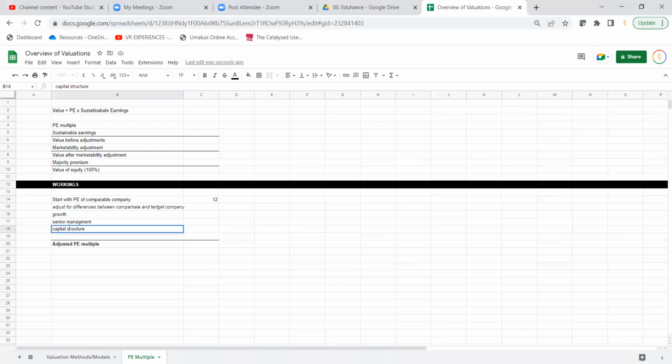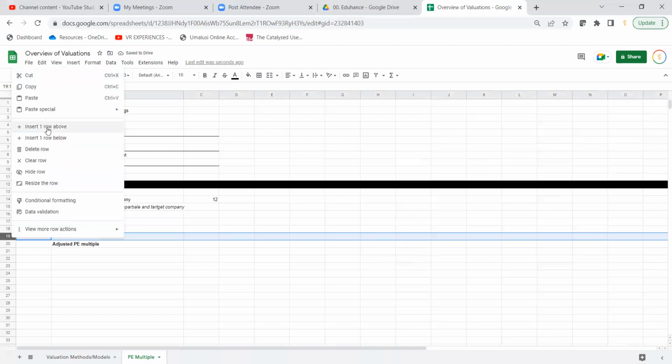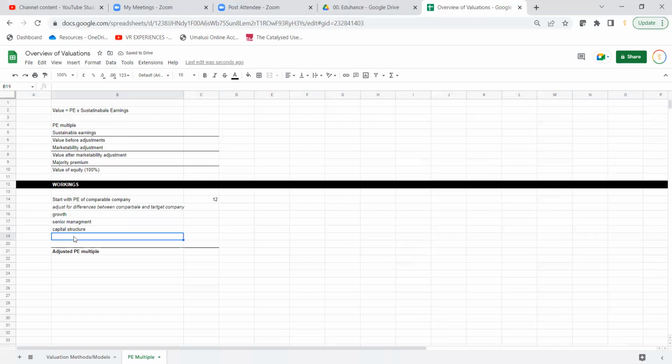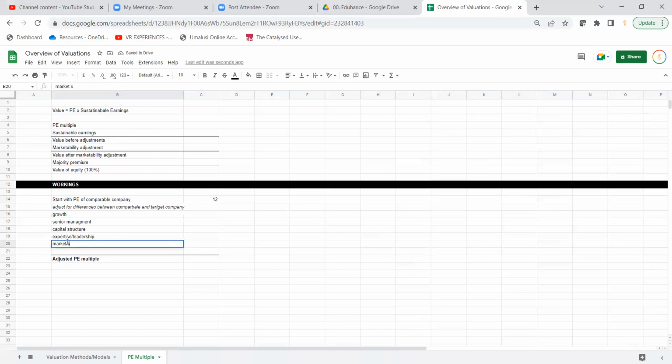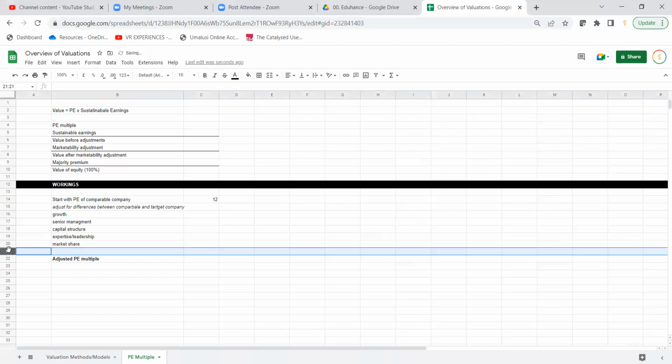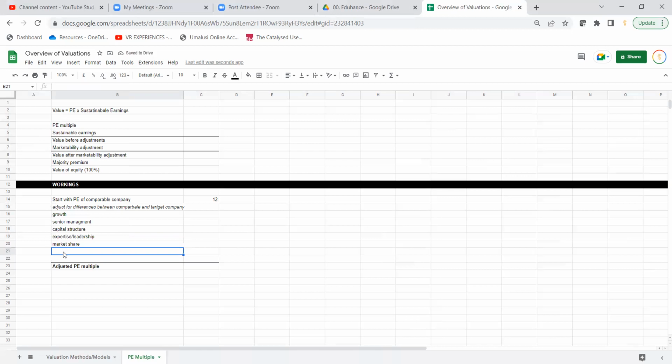So for growth, for expertise, leadership, market share, product differentiation.